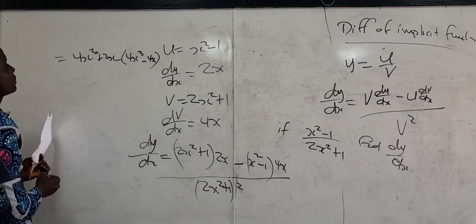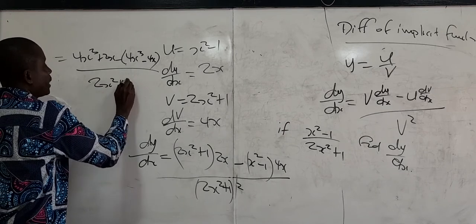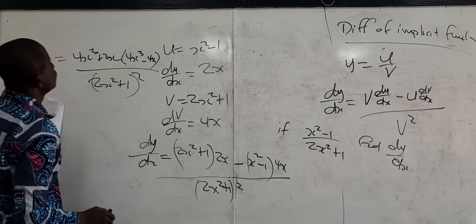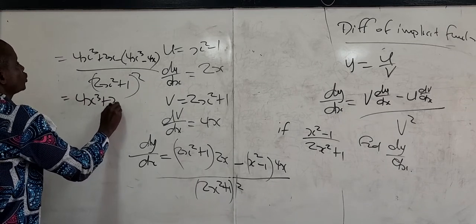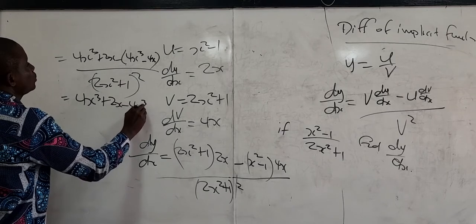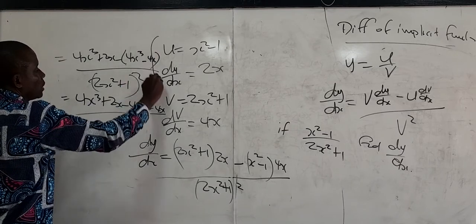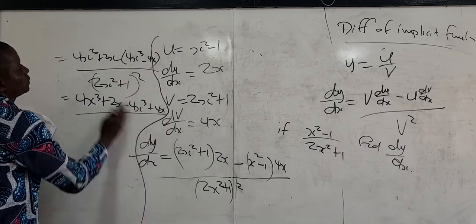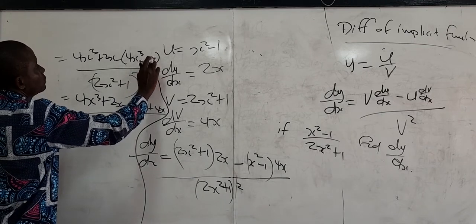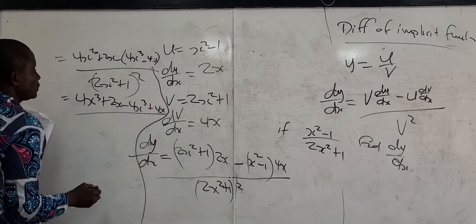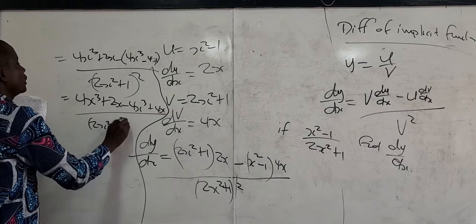I'm trying to open the bracket, all over 2x squared plus 1 all squared. So here I'm going to have 4x cubed plus 2x minus 4x cubed plus 4x, all over 2x squared plus 1 squared.